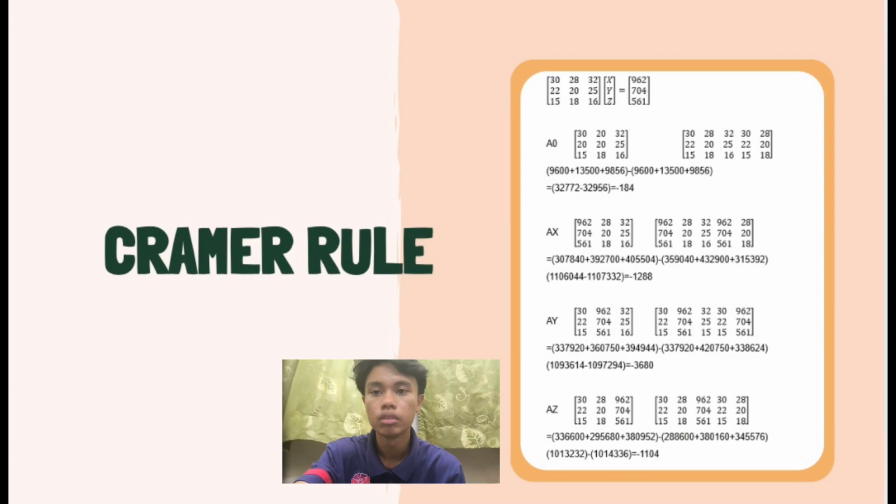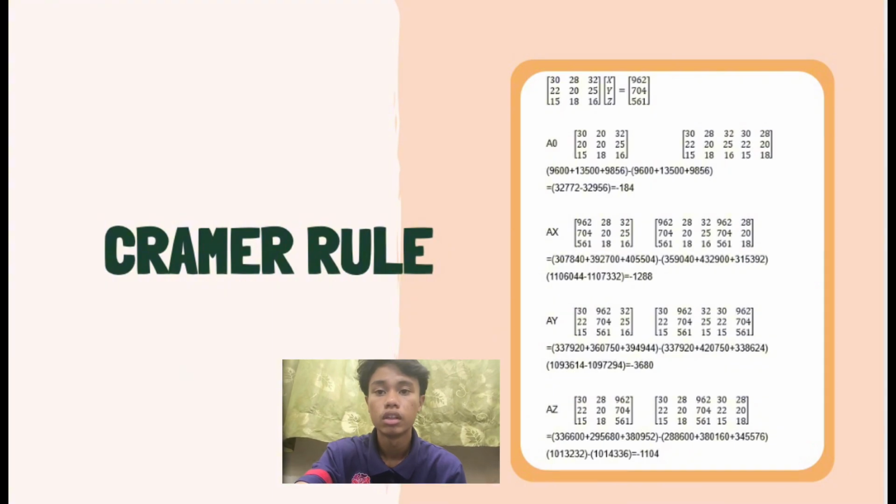We get a determinant value of negative 184. Next, we substitute the constant column B into matrix A to form Ax, Ay and Az. Then compute their determinants. First, Ax, replace first column with B.